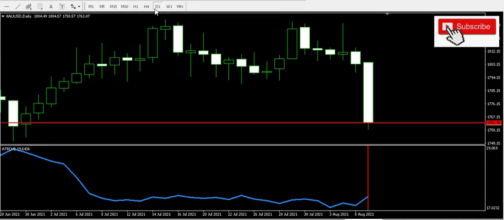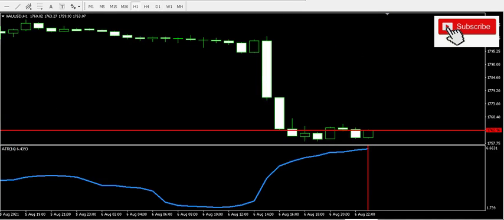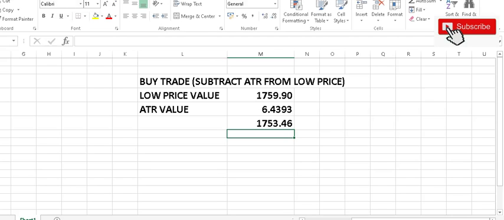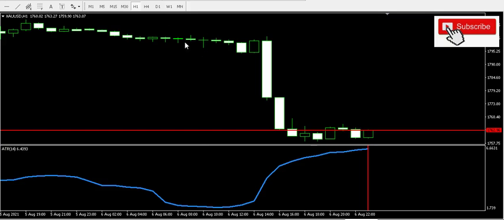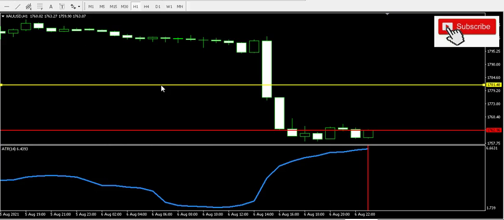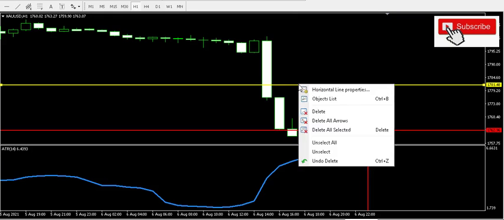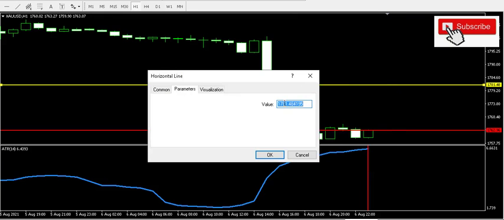So my stop loss will be at, oh sorry, I deleted that in error. That should be 1753.46. If I place a buy trade at that level, my stop loss should be at 1753.46.